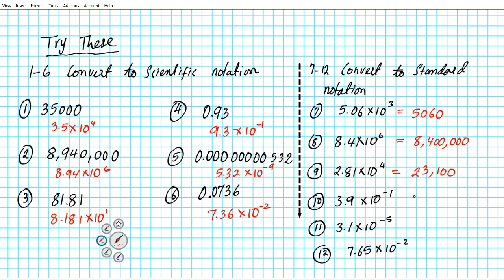Number 10 is 0.39. Number 11 is 0.000, 4 zeros, 3, 1. And then number 12 is 0.0765.